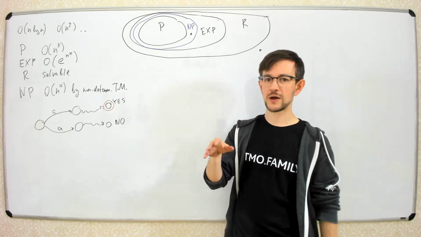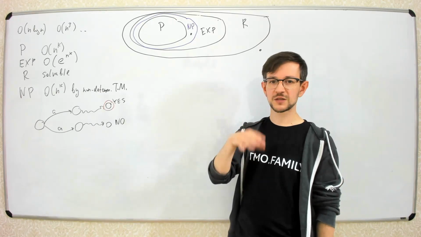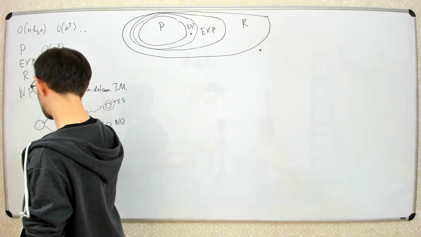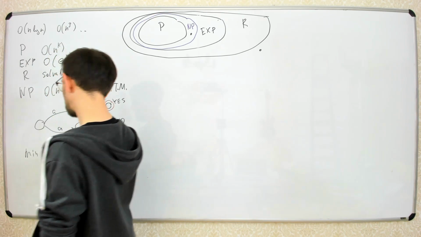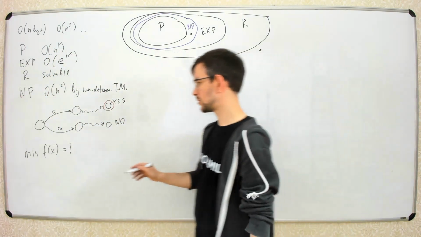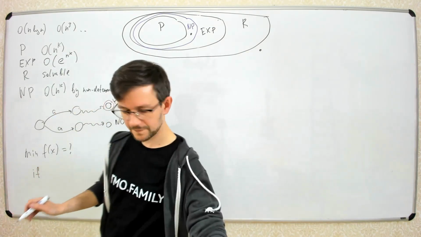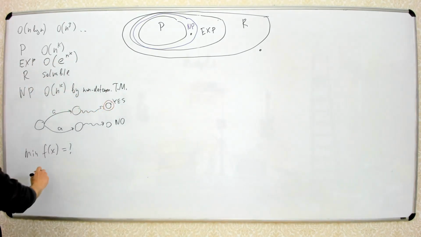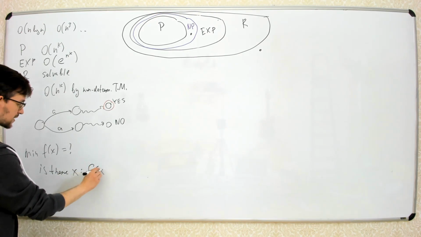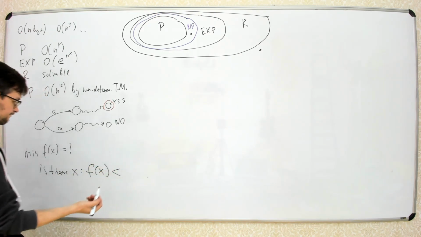If you want to find the minimal something, you can transform it like this. You can say: is there an x such that f of x is less than d?